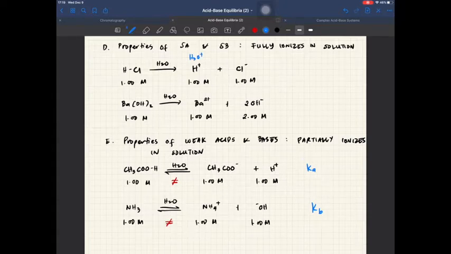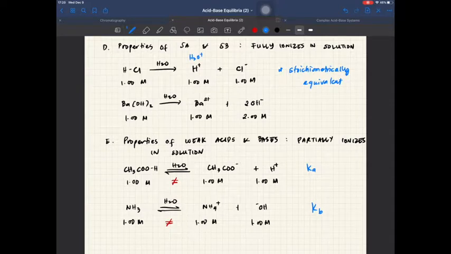Since it is fully ionized in the solution, then they are stoichiometrically equivalent. Therefore, if you have 1 mole of hydrochloric acid, you also produce 1 mole of hydrogen ion and 1 mole of chloride ion. So it follows that if you have 1 molar of hydrochloric acid, you also have 1 molar of hydrogen ion and 1 molar of chloride ion.